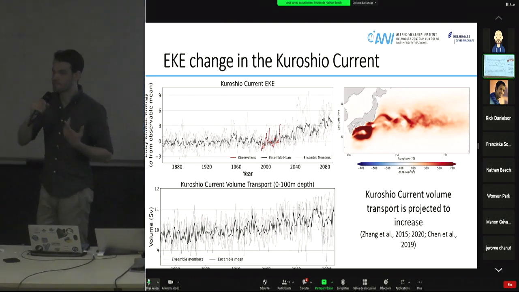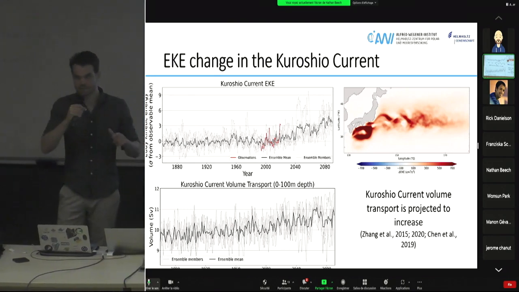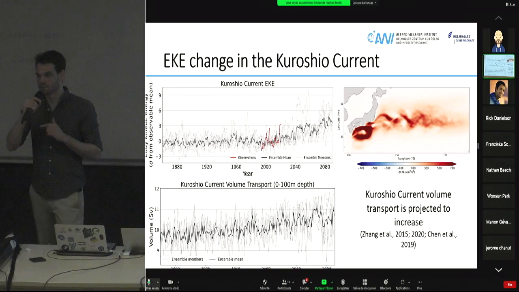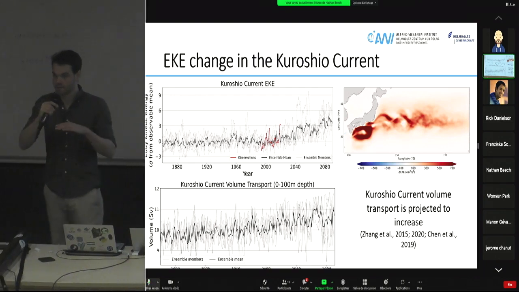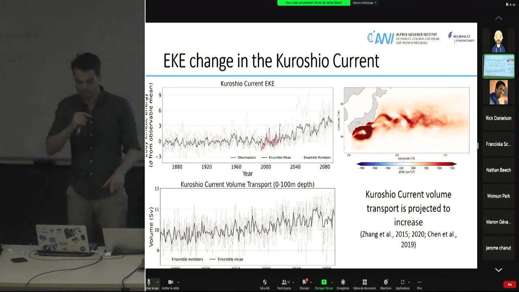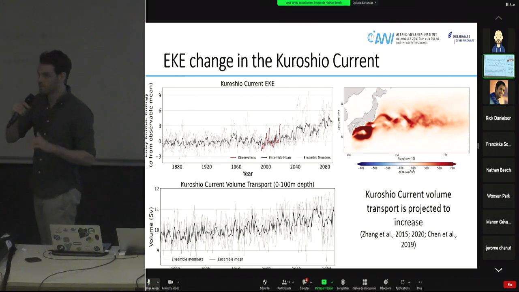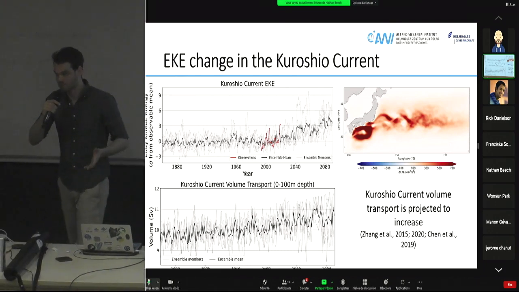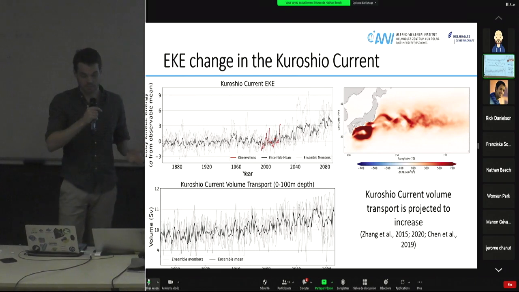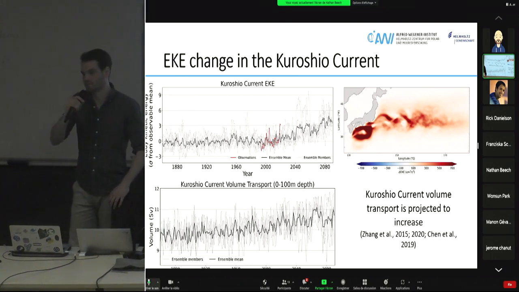One, there's some evidence that there has been a disconnect between the surface layer Kuroshio and the deeper Kuroshio in terms of a spatial shift. And as well, the papers that I cite here are not looking so much at the deeper ocean in this region, and so that's why we chose the first 100 meters. And I don't remember off the top of my head what the strength was.